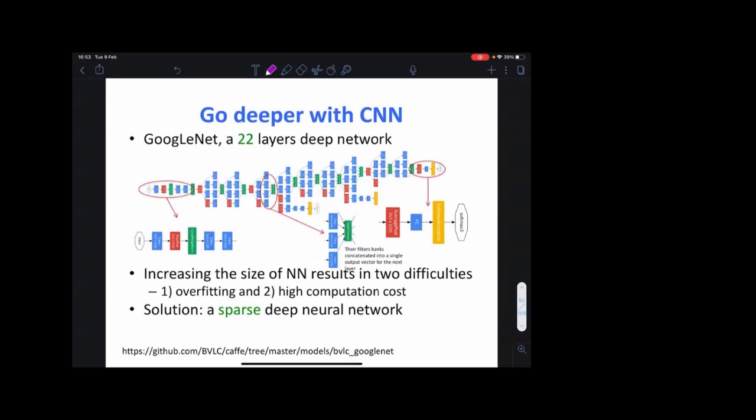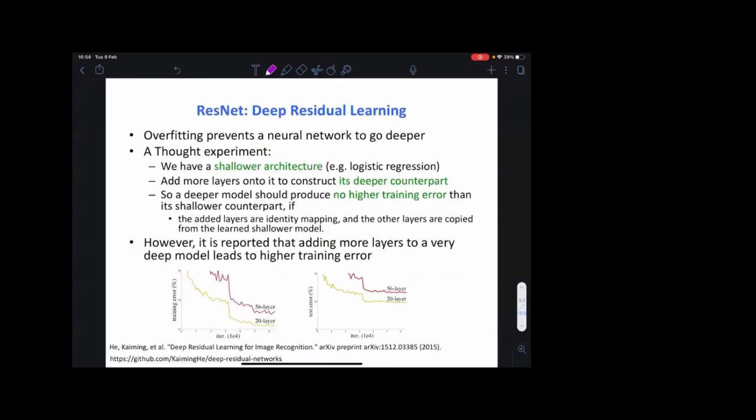This is the 22-layer one that I mentioned in this table. And the interesting development after this convolutional neural nets is called residual nets, which really boosts the depth to like 1,000 layers. If you have the computing power, you can certainly do that.